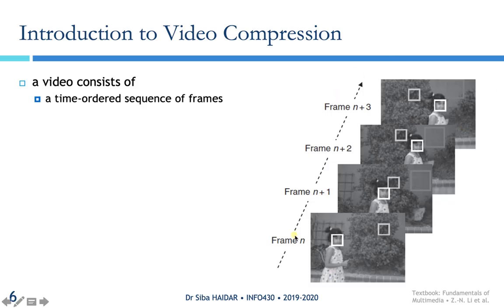As you can see in the figure, a video consists of a time-ordered sequence of frames. In this representation, we extracted sequential frames from a given video. Here you have the little girl, in grayscale, approaching the tree, and in frame n+3, the tree is now behind the girl, so the girl is moving throughout the video.